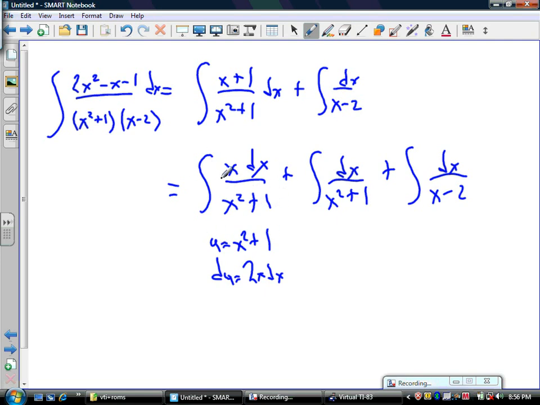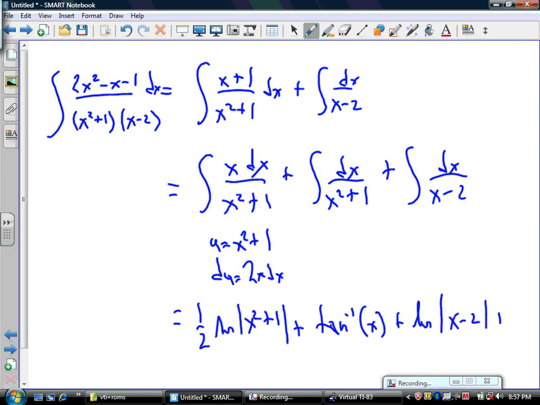U. So you get 1/2 times 1 over u du. How do you integrate 1 over u du? ln absolute u, but u is x squared plus 1, and there's a half in front. So again, 1/2 the ln absolute x squared plus 1, plus arctan of x, plus ln absolute x minus 2, plus c. That's it. That's what you get.